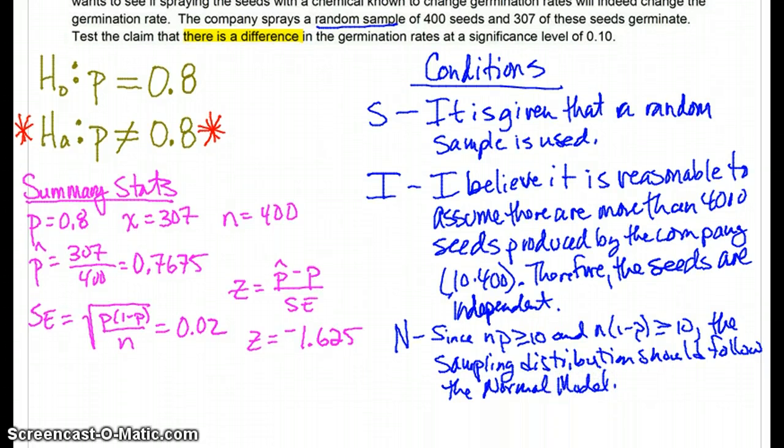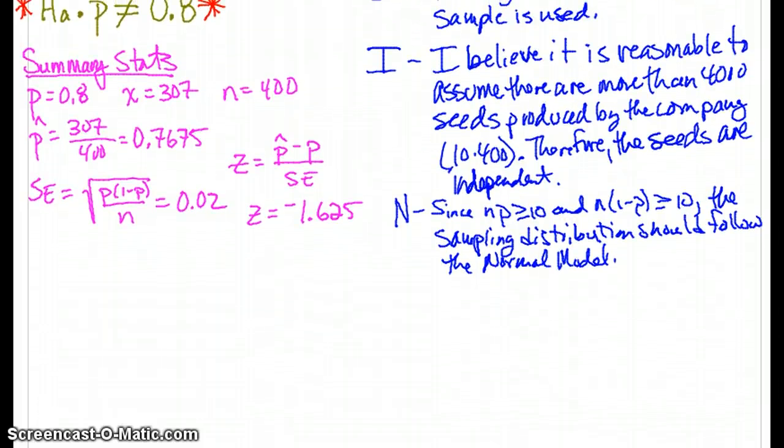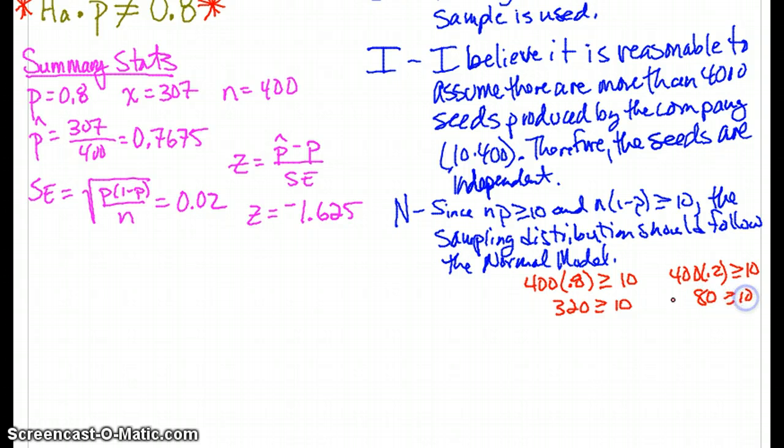Don't forget to show your calculations. So right underneath here, I'm going to show 400 times 0.8 is greater than or equal to 10. I'm also going to show 400 times 0.2 is greater than or equal to 10. Okay, so I have 320 greater than or equal to 10 and 80 is greater than or equal to 10. Check, check, we're good to go.